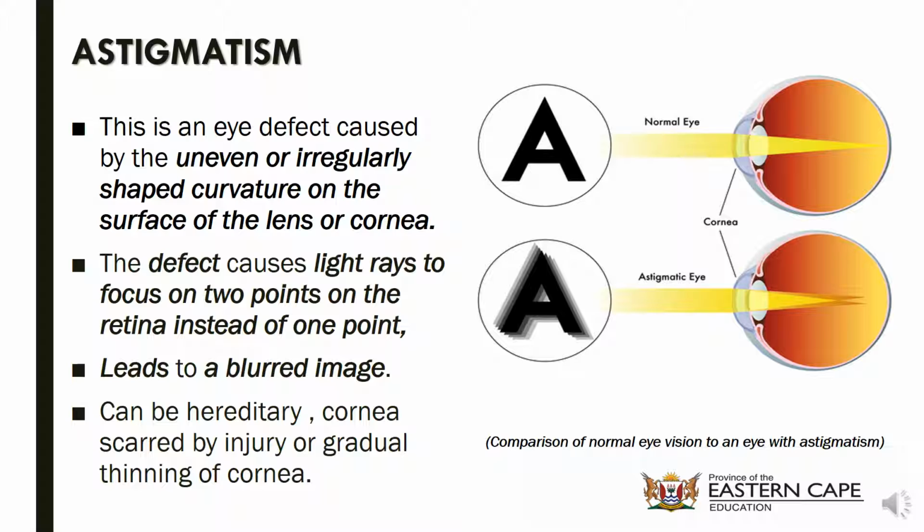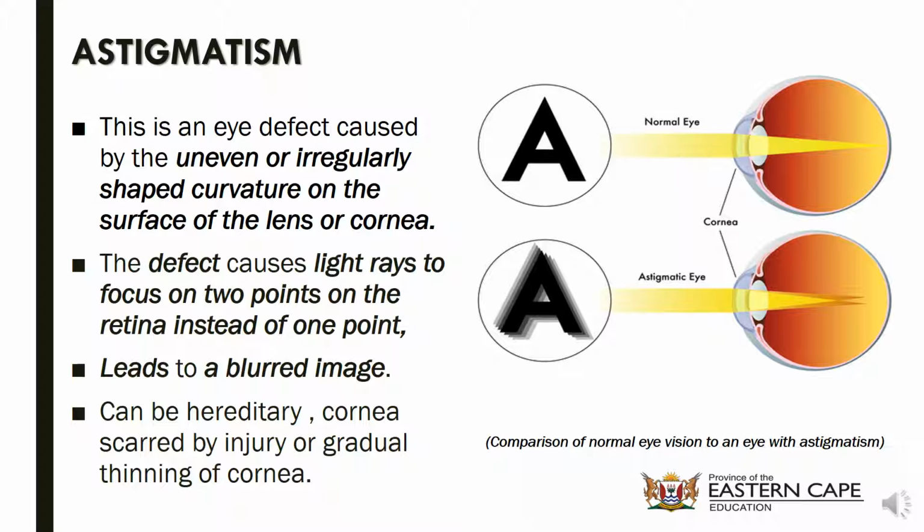And because they're falling on 2 or more points on the retina, your image is going to be blurred. Once again, you do not see a very clear image. You're going to see multiple hazy objects. That's how your objects will appear. So from getting a distinct image to getting something that is a bit blurry.